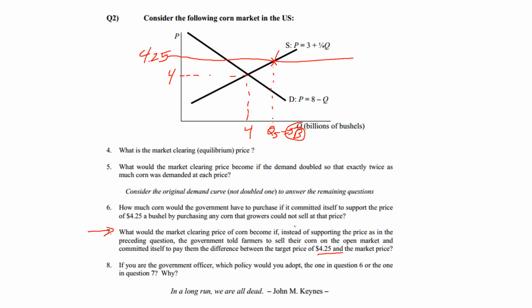The difference here, though, is instead of supporting the price as in Policy 6, the government told farmers to sell their corn on the open market. Okay? So what does that mean? This is no longer a price floor, right? The price floor would mean people can't buy it for less than the floor. But they say, you know what? Sell it on the open market, and you'll get 4.25 no matter what.